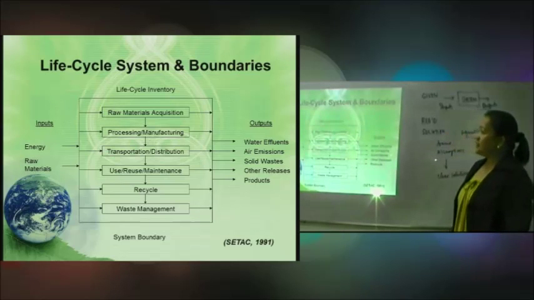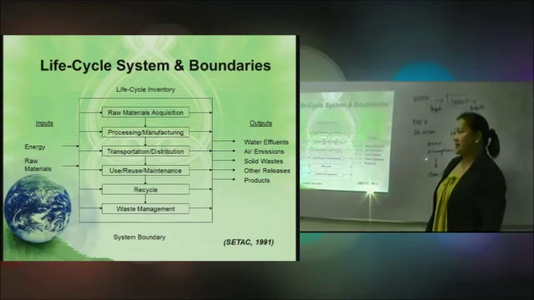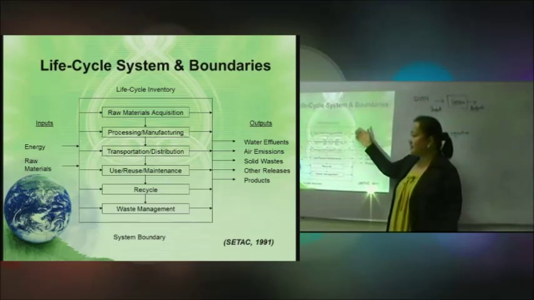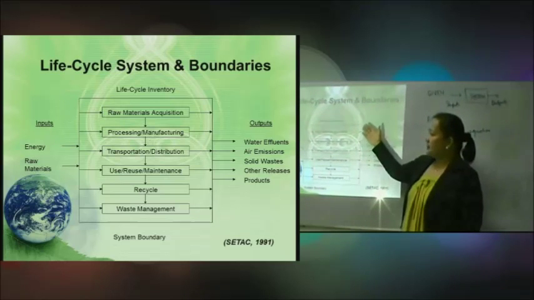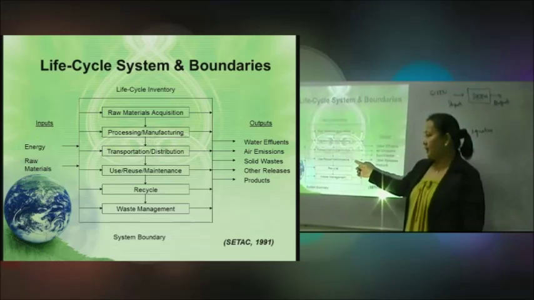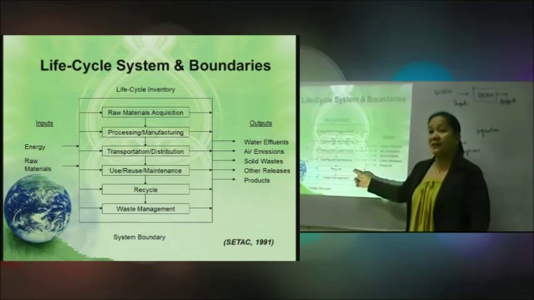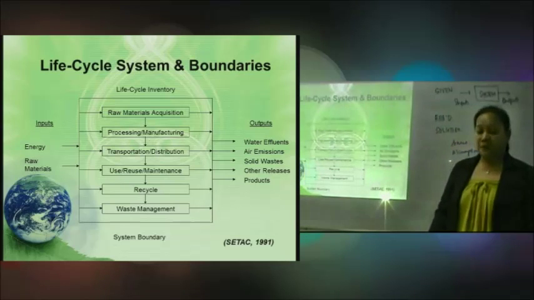So this figure shows you how to identify the life cycle system and boundaries. As you notice, these processes are actually involved from the manufacturing process up to the usage of the product, up to its recycling, and until you finally dispose of the product.